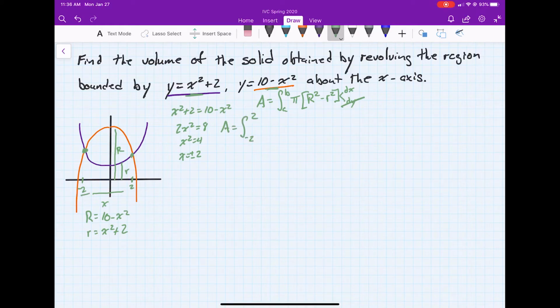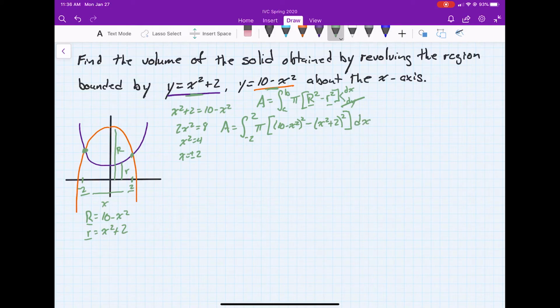So we have the area is equal to the integral from negative 2 to 2 of pi, and our big R, which was 10 minus x squared, and then we have to square that, minus our small r, which was x squared plus 2. So let's put that in, x squared plus 2, and that's squared, and then of course close this bracket, and then we got dx.